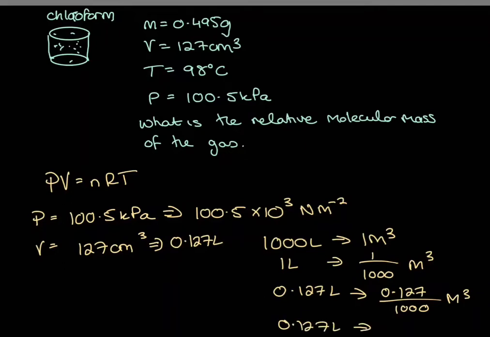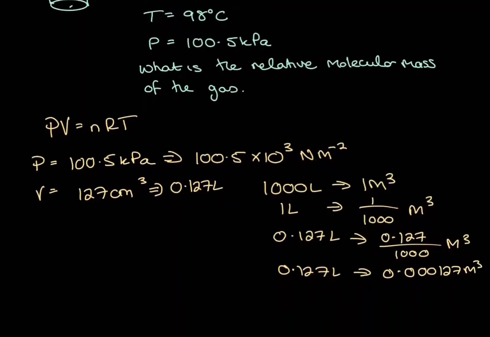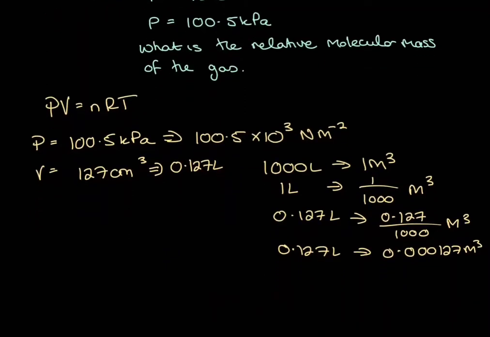And then for the final answer on this side, we're going to get 0.000127 meters cubed, which is 127 times 10 to the minus 6 meters cubed. So that's how you convert from 127 centimeters cubed to liters to meters cubed.